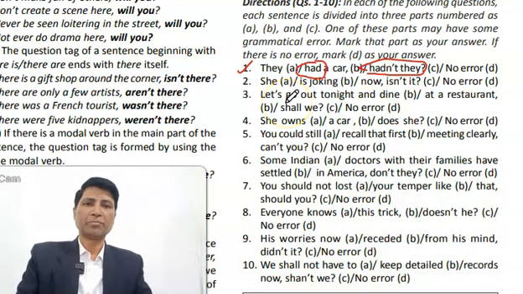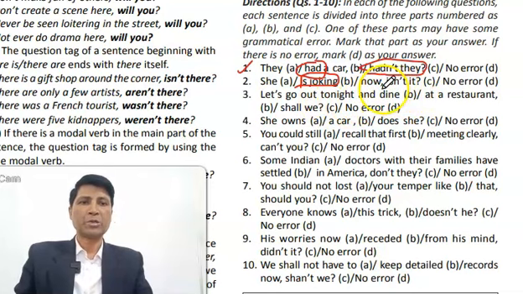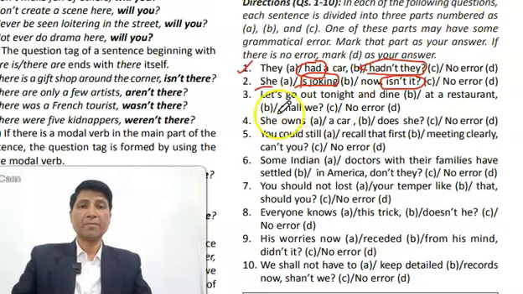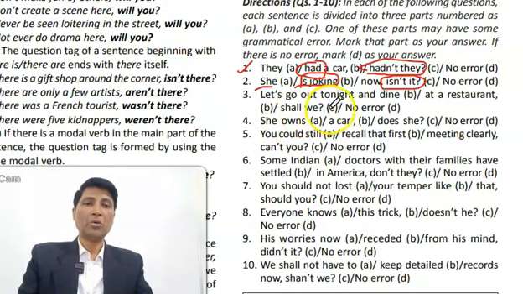Now look at question number 2. She is joking now, isn't it? This is the verb, and as you can see, the verb is in the present continuous tense. So this question tag should also be in the present continuous tense, but it is not, because here the subject is she and here it is it. So it should be isn't she. Now let us move to question number 3. This question says, let's go out tonight and dine at a restaurant, shall we?